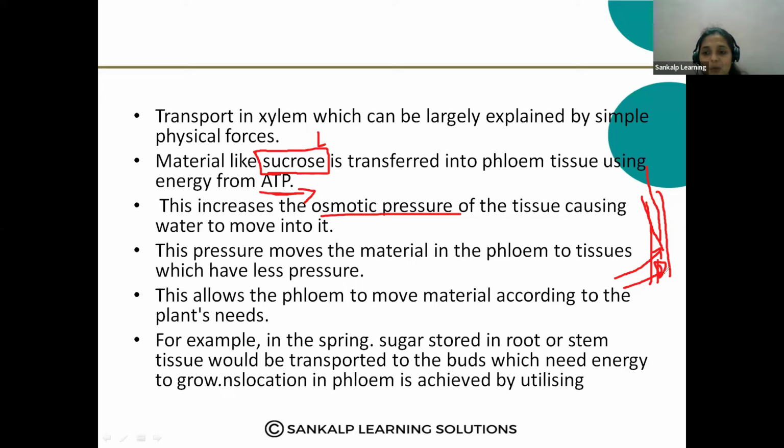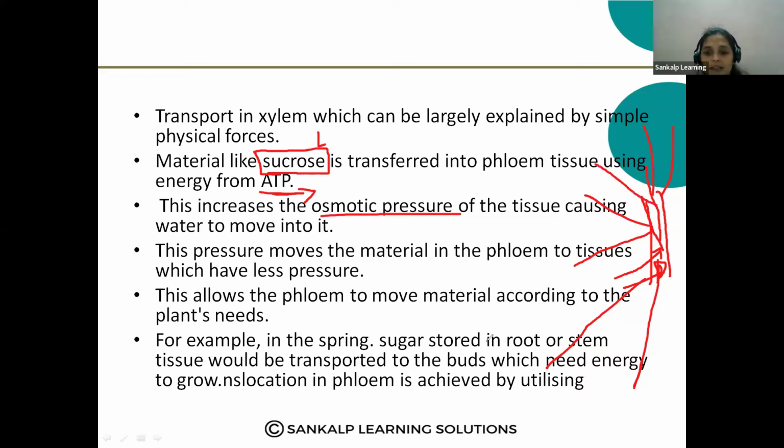Inside the phloem there is high pressure due to the sucrose, which increases the osmotic pressure, the water moves into the phloem, and this creates high pressure inside the phloem. Then the food materials move from high pressure to low pressure area, to different parts of the plant's body. So this is how plants transport the food material.